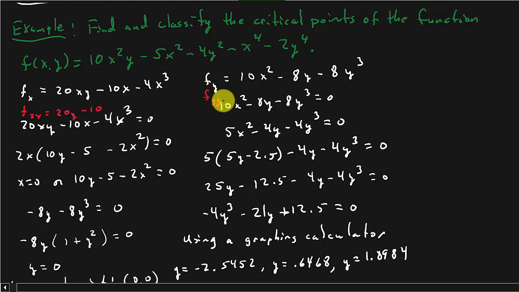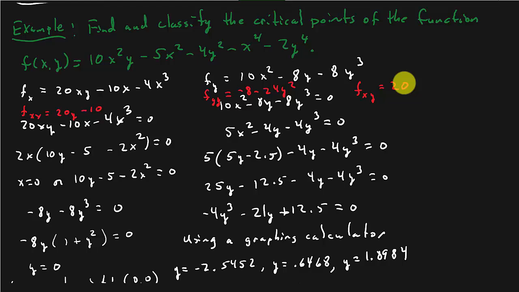And if I do the second partial of f with respect to y, that's going to give me negative 8 minus 24y squared. And then if I do the partial xy, that is going to give me 20.